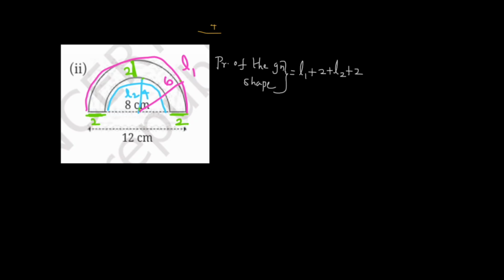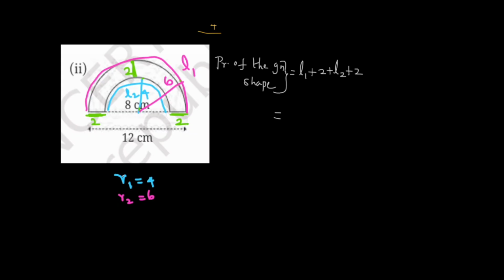Don't forget this width. That is also perimeter of this shape. So L1 is pi into R. Here if we are taking small r, 2 r's are there. The blue color arc's radius is R1. We can take R1 as 4 and R2 as 6. R1 minus R2 is 2. That is the width of the given shape.